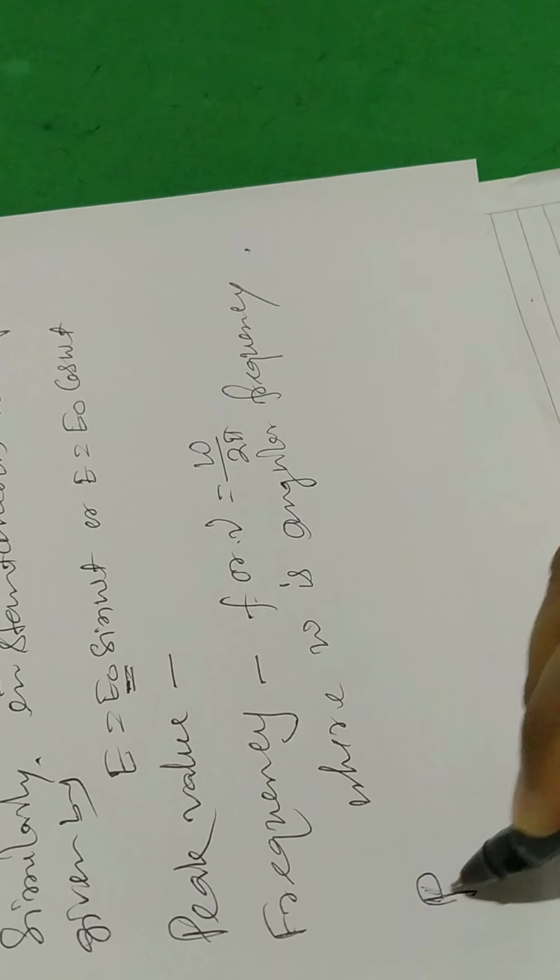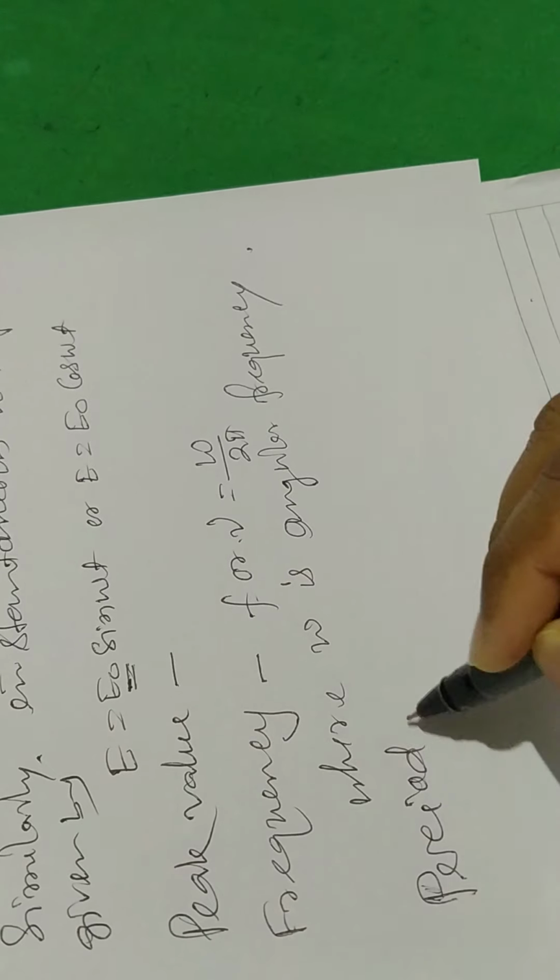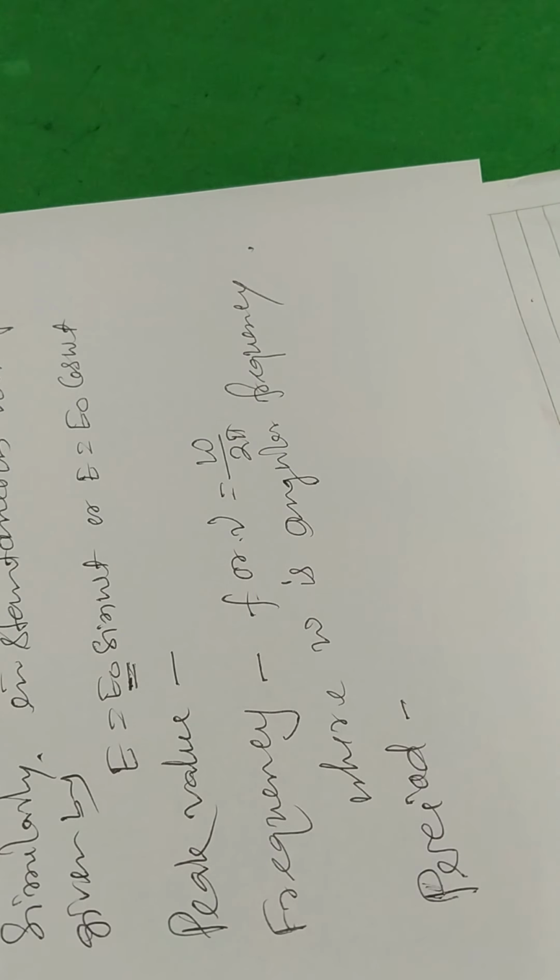Now period. What is period? The period of alternating current or EMF is the time required to go through one complete cycle of change.